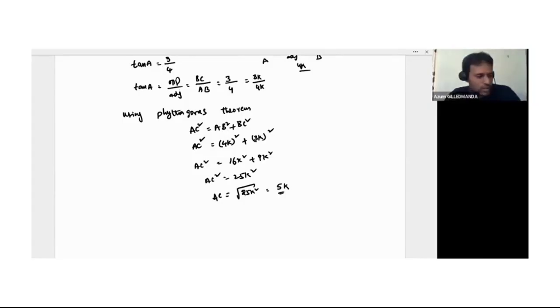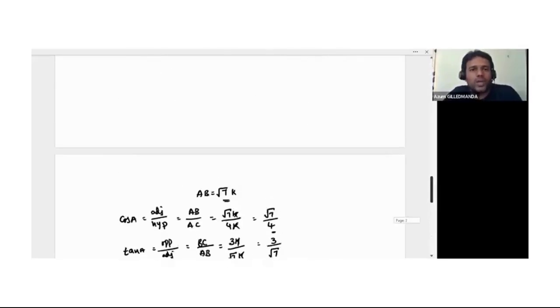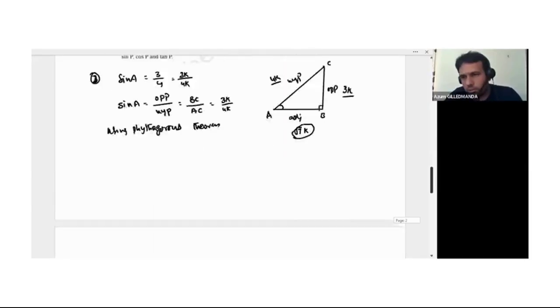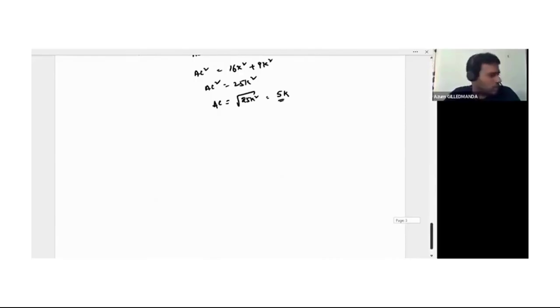Now I know all the 3 sides. So using Pythagoras, I found the hypotenuse. Now I can find any trigonometric ratio, right? So in the problem, I wanted to show (1 minus tan square A) by (1 plus tan square A) equal to cos square minus sin square. So I need cos and sin also. So let's find sin and cos from this. So now sin A. What is sin A?